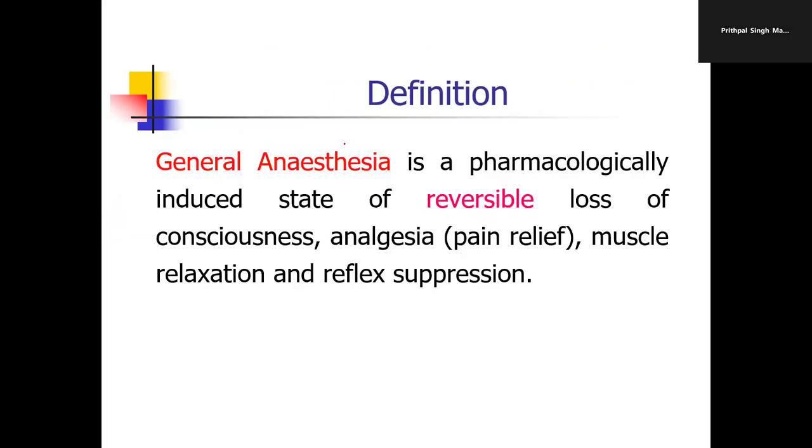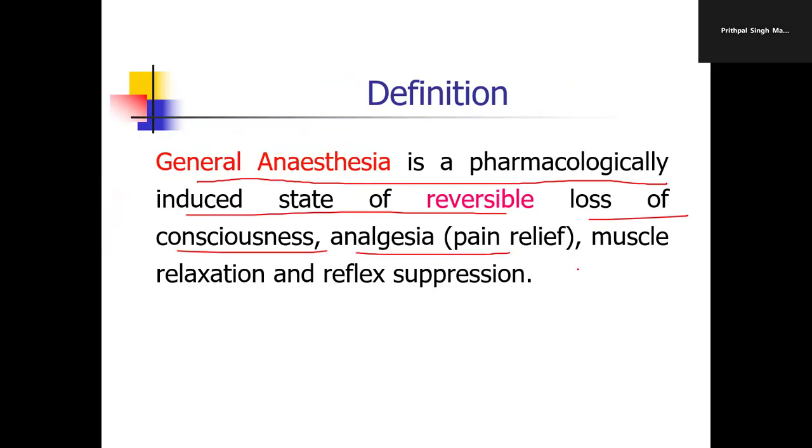So now coming back to the definition of general anesthesia. General anesthesia is a pharmacologically induced state of reversible loss of consciousness, analgesia, which means pain relief, muscle relaxation, and reflex suppression.